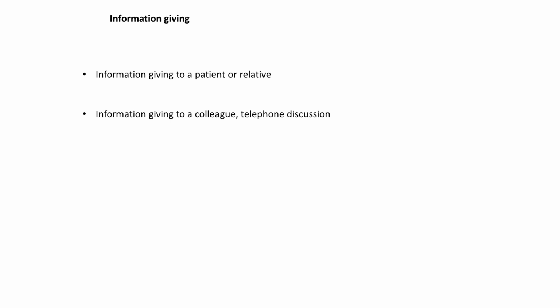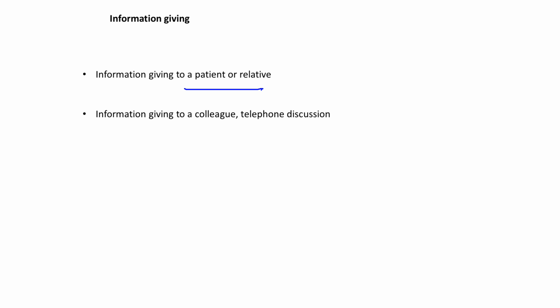An information giving station we have briefly discussed. One station involves giving information to a patient or relative. These are standard communication skill stations that are assessed in exams, like breaking bad news, like giving a diagnosis. We'll discuss this when we reach this section, because this needs a systematic approach.